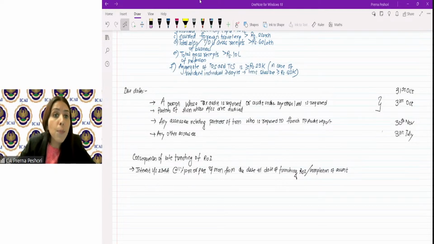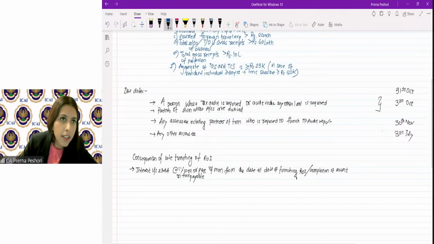Interest under 234B and C, Simranjeet, is particularly for short payment and late payment of advance taxes. Okay? So this is on tax payable. You can write down here, if no tax payable, interest under section 234A is not applicable.